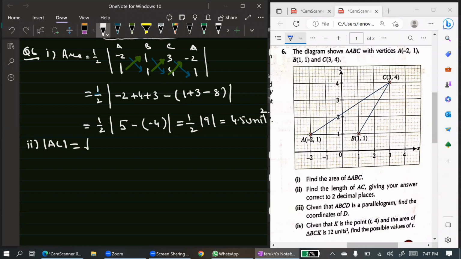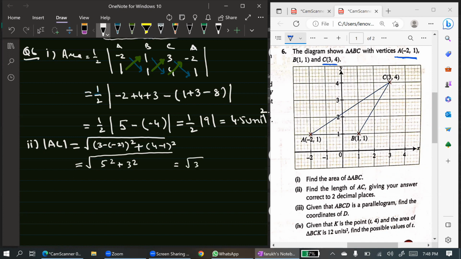Distance AC is equal to, let A as x1 y1 and C as x2 y2. 3 minus minus 2, plus 4 minus 1, 5 square, 3 square is equal to 25 plus 9, under root 34.